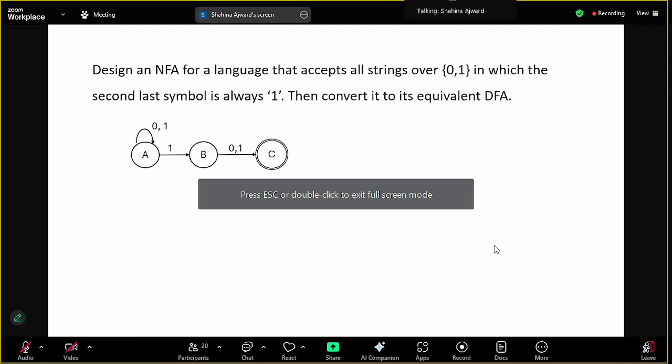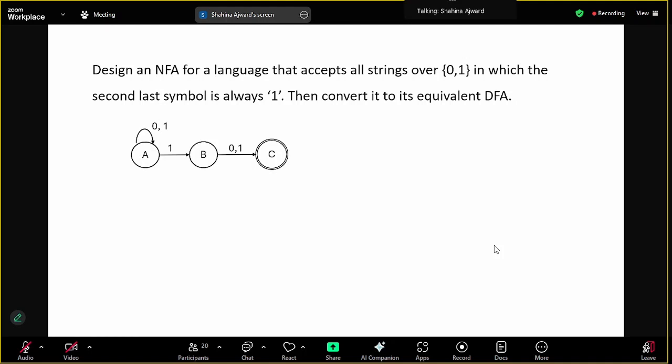All right, so this is the NFA for the given question, right?